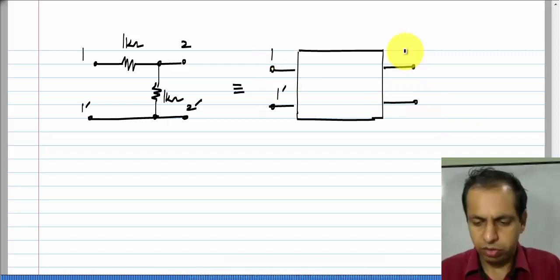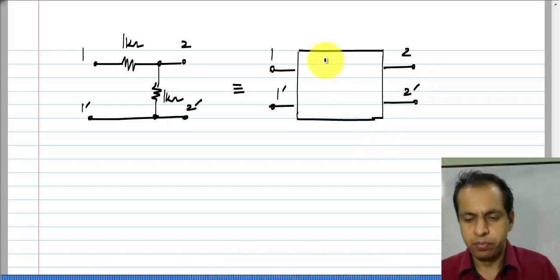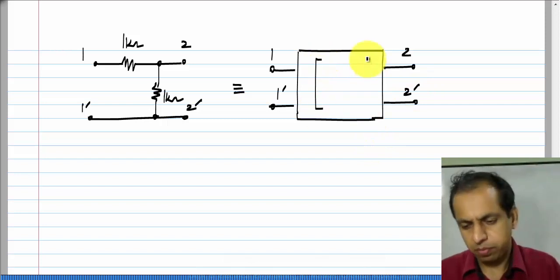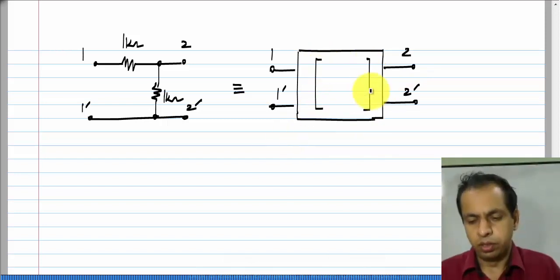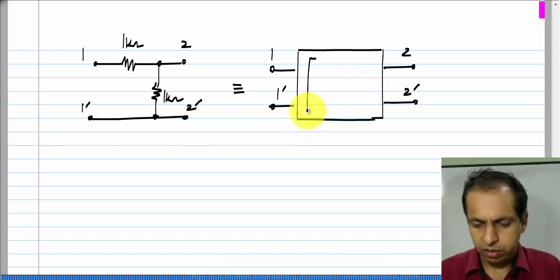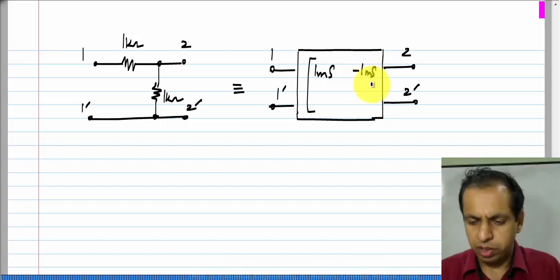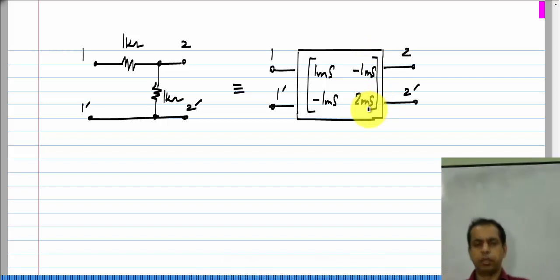Okay, 1 prime, 2 prime with the Y parameters, which are 1 millisiemen, minus 1 millisiemen, minus 1 millisiemen and 2 millisiemens. Okay.